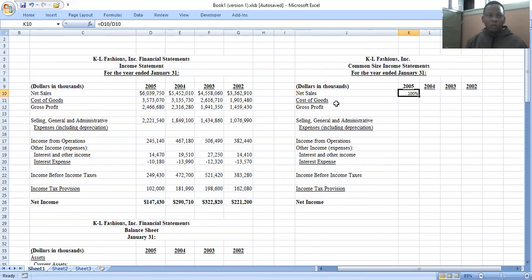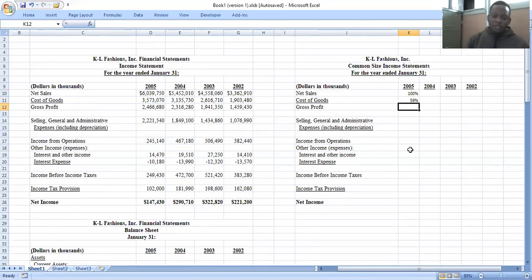For cost of goods sold, we divide 3,573 by 6,039,000. So we take 3.573 million divided by net sales, that is 6 million, which gives us 59%.